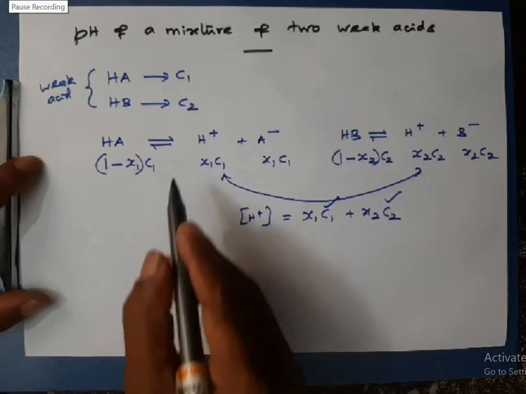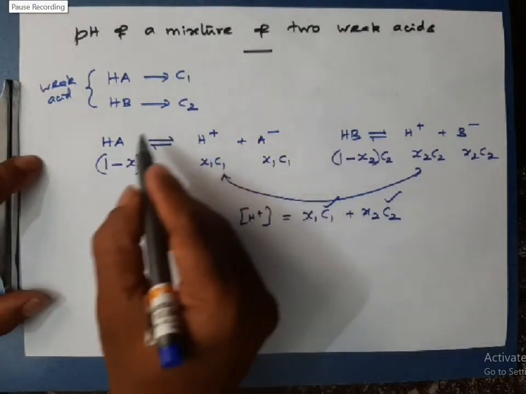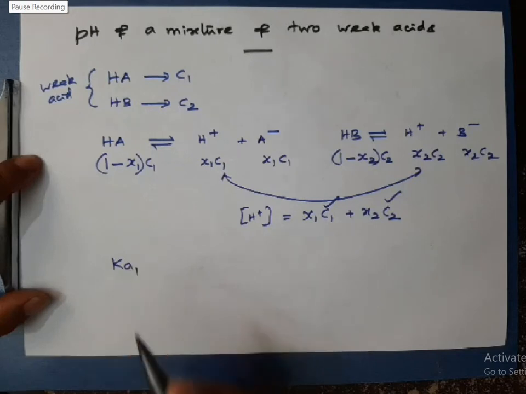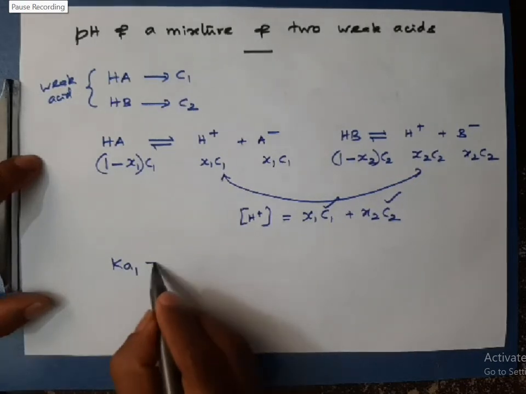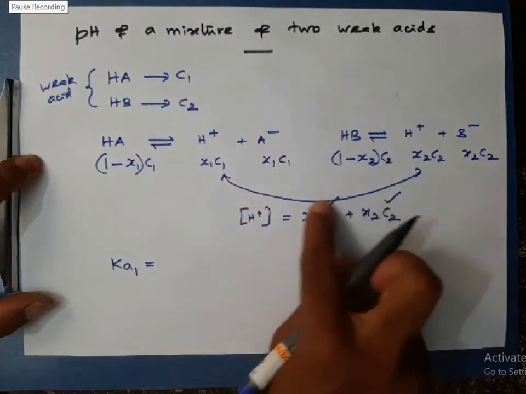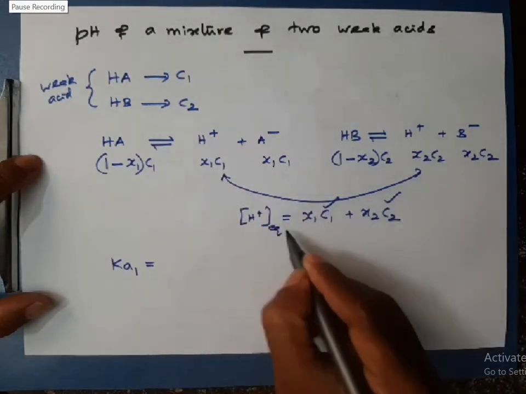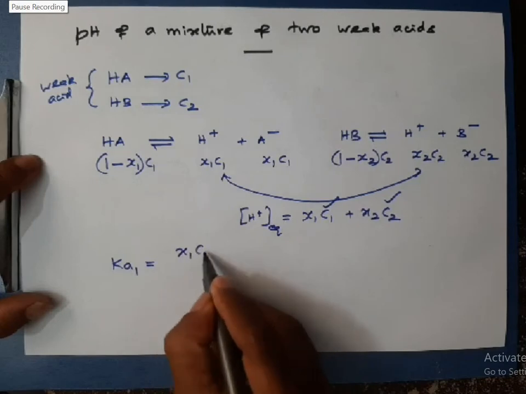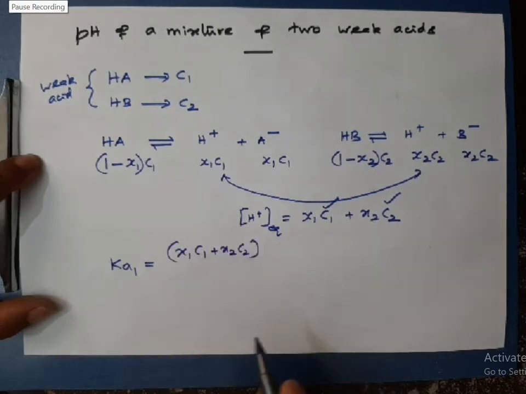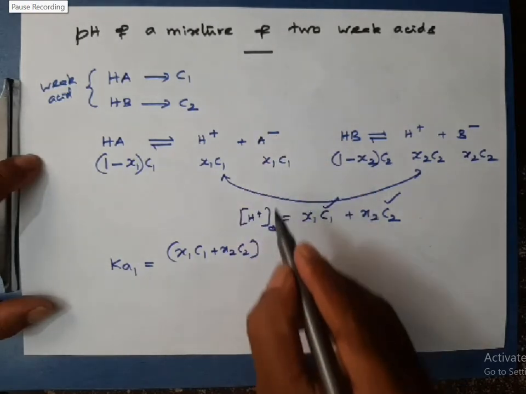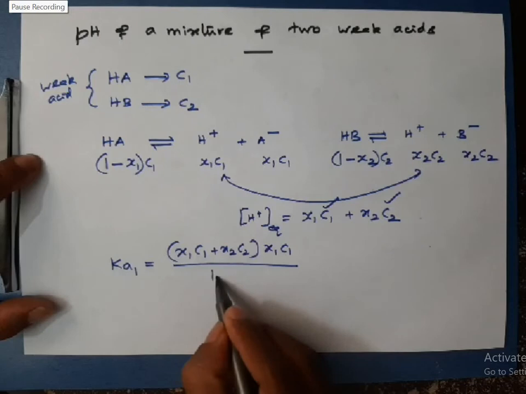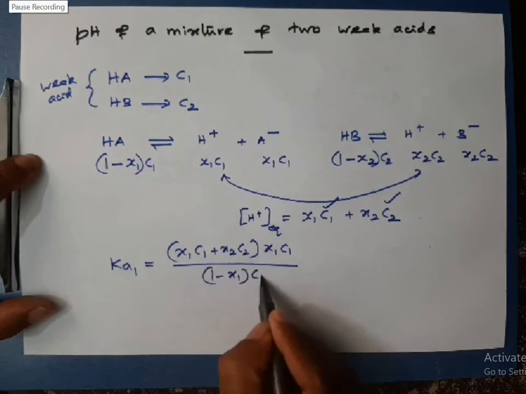Now we can write the equilibrium constant for this acid. Let me write it as Ka1. Ka1 equals the equilibrium concentration of H plus ion, which is x1 into C1 plus x2 into C2, times the concentration of A minus ion, which is x1 into C1, divided by (1 minus x1) into C1.